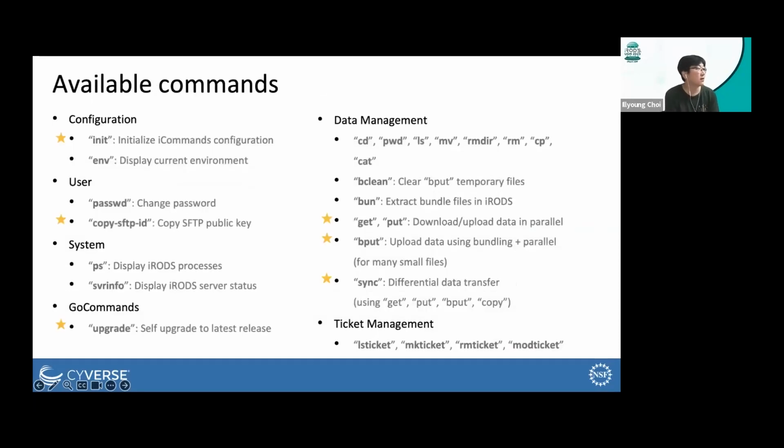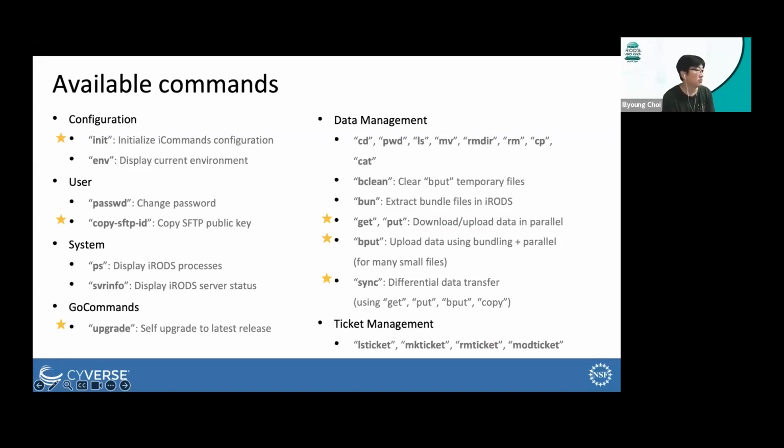There are a lot of subcommands already implemented in GoCommands, similar to iCommands. There's init to create an iCommands compatible configuration. I will show you about this later. And commands for data management, such as cd, ls, mv, cp, are also available. And there are get, put, bput, sync commands that you can use for parallel data transfer.